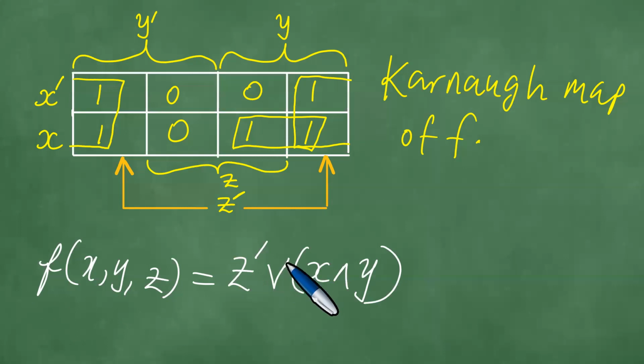Because we have the Z primed here, or we have the intersection of the X and the Y. X and Y intersect here, or the Z primed, which is at the ends of this. Okay. Now, there are a couple of things we need to look at here. So this is a possible decomposition of the one values in this particular kernel map. Right.